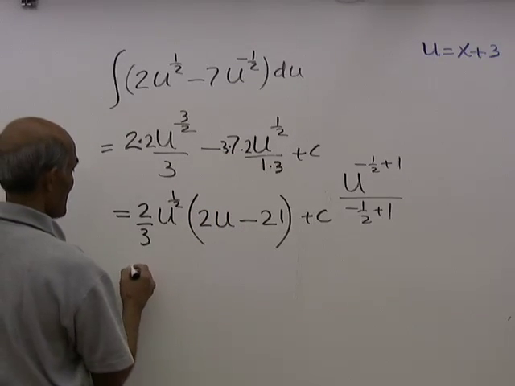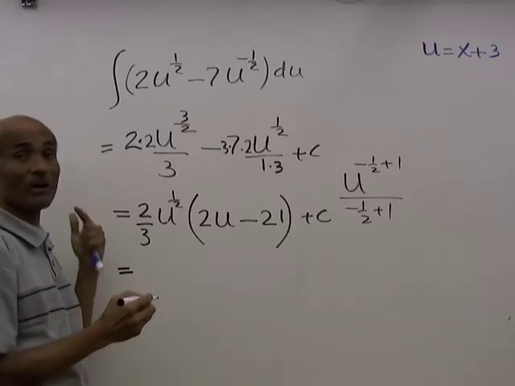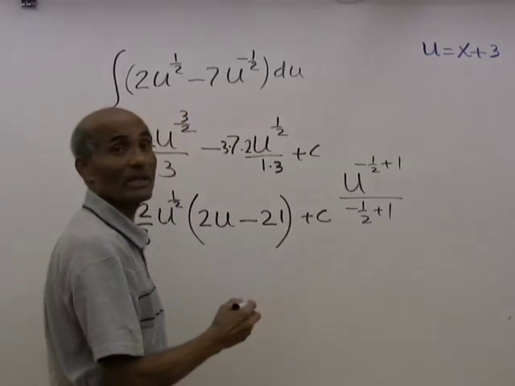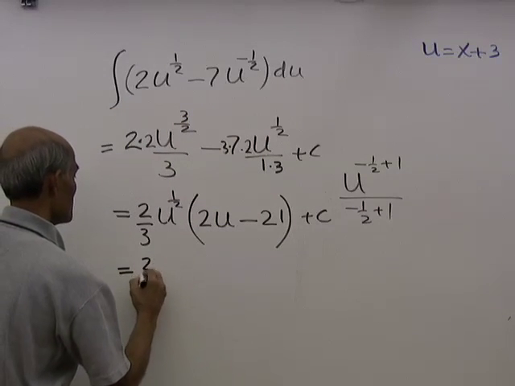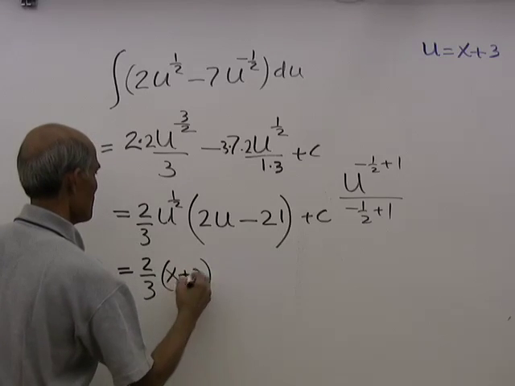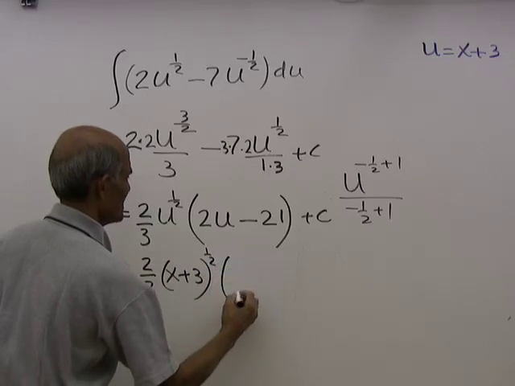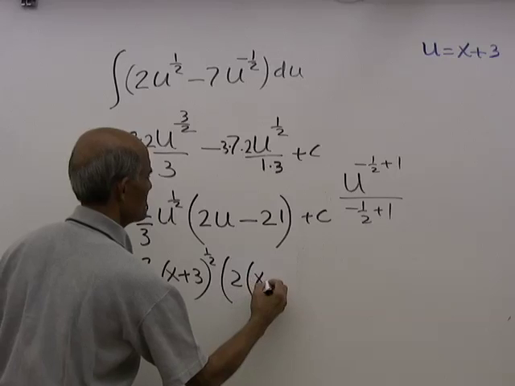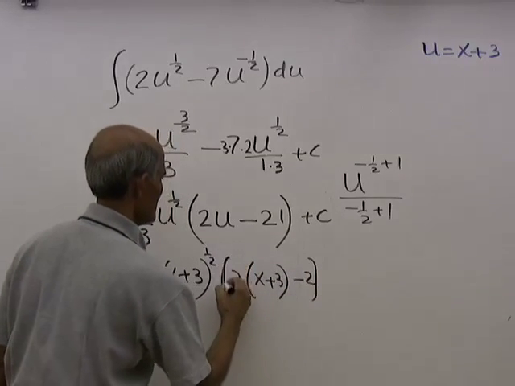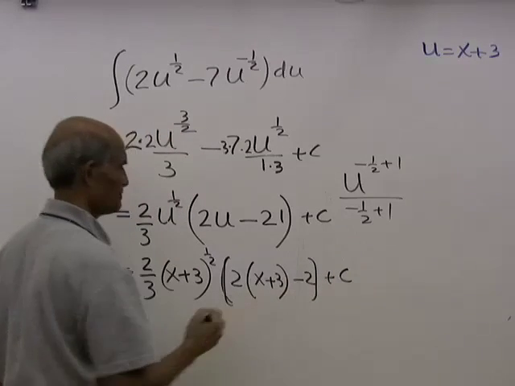Now, we can now replace our u. What is our u? Our u is x plus 3. So that will be 2/3 of x plus 3 to the power of 1/2 times 2 times x plus 3 minus 2 plus c.